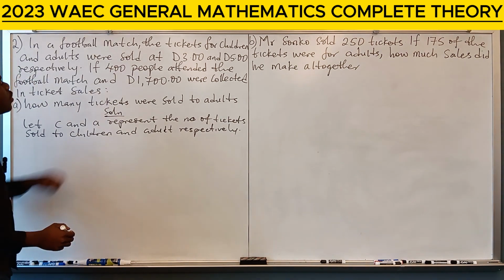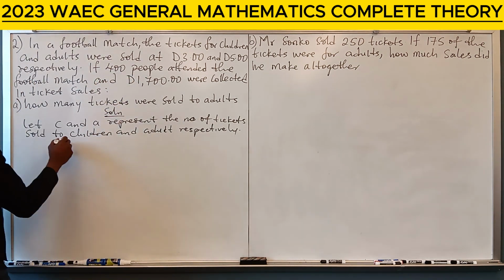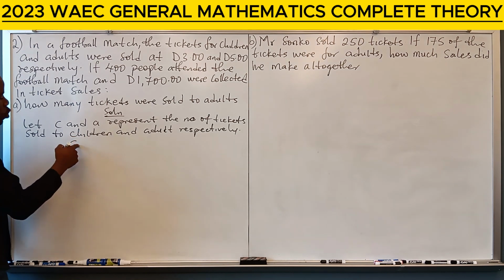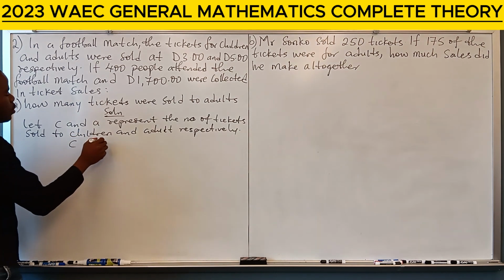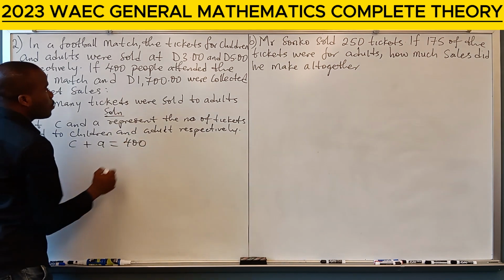So it means since 400 people attended the football match, the number of tickets sold to children plus the number of tickets sold to adults must equal 400.